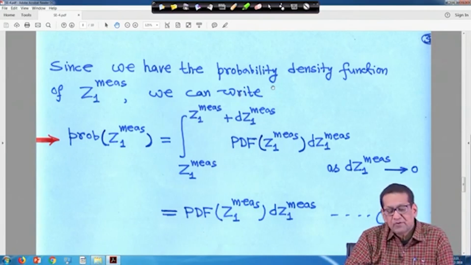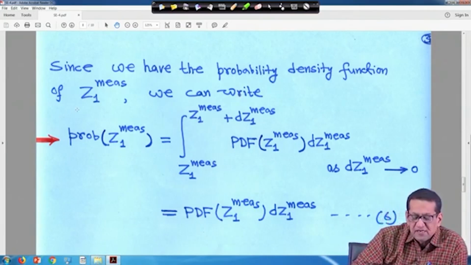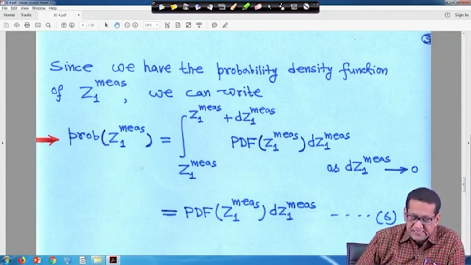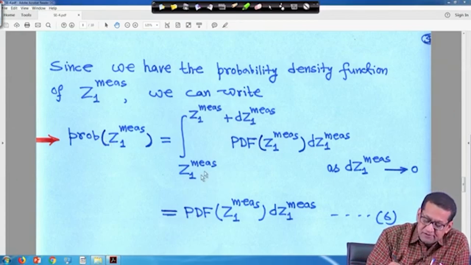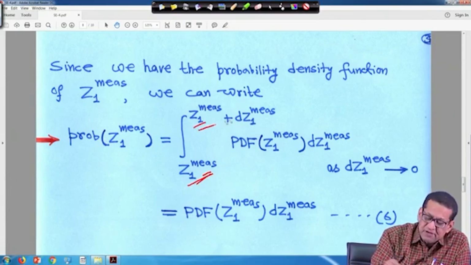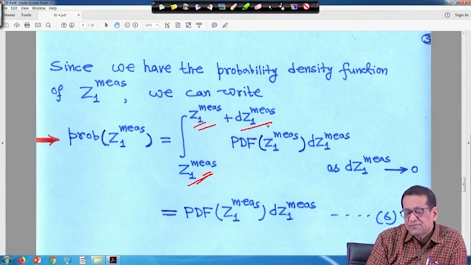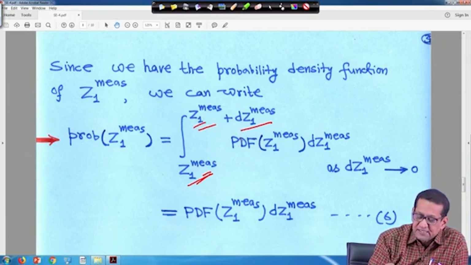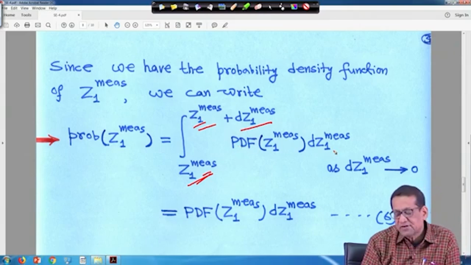Since we have the probability density function, we can write the probability of Z1 measure as the integration from Z1 measure to Z1 measure plus D Z1 measure of PDF Z1 measure into D Z1 measure.